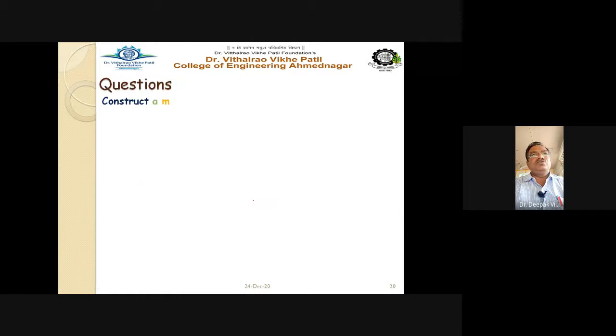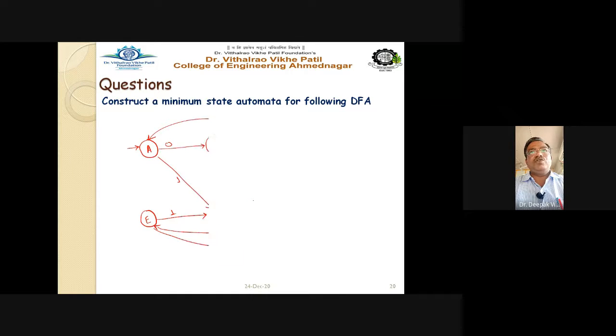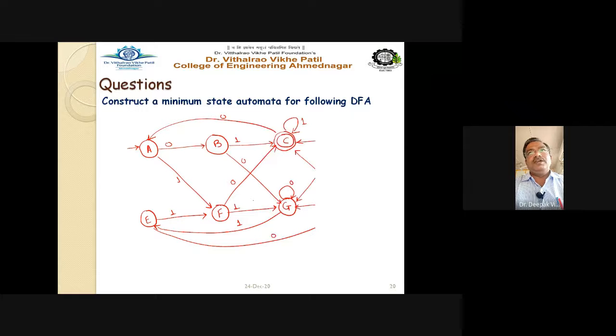Okay, so let us construct a minimum state automata for the following DFA given here. This question is for your assignment or homework. There are a total of 8 states given: A, B, C, D, E, F, G, and H. The transitions are shown here.